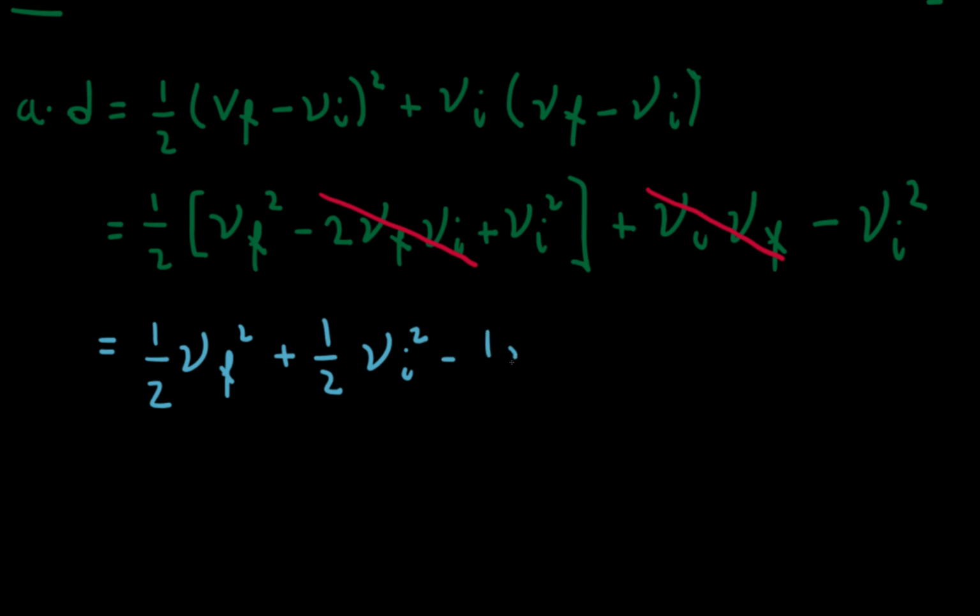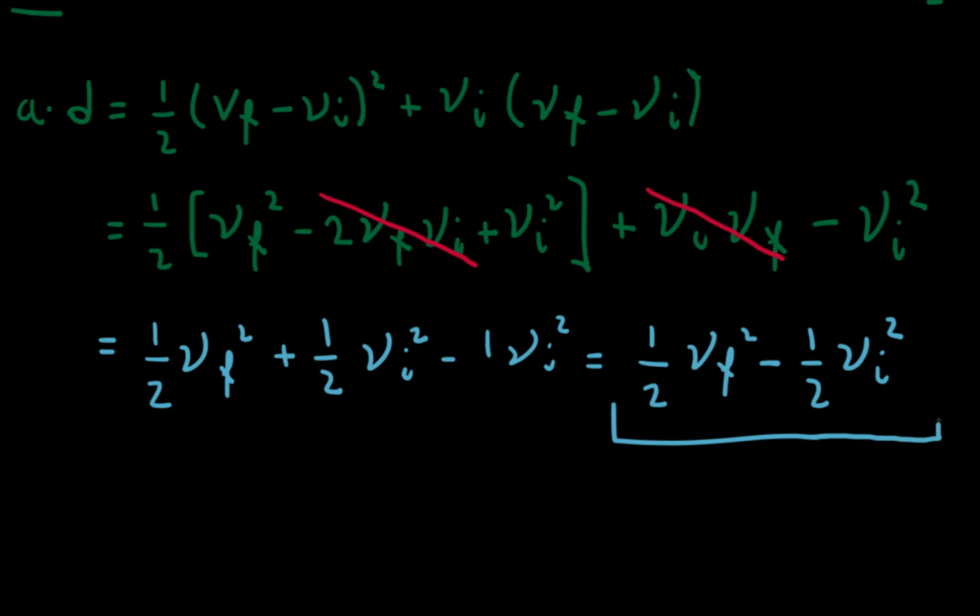This is basically 1 velocity initial squared, but 1/2 minus 1 is minus 1/2. So this really all comes back down to 1/2 velocity final squared minus 1/2 velocity initial squared. This looks a lot more manageable, right? This ties the final velocity and the initial velocity, and it ties it to acceleration times distance.